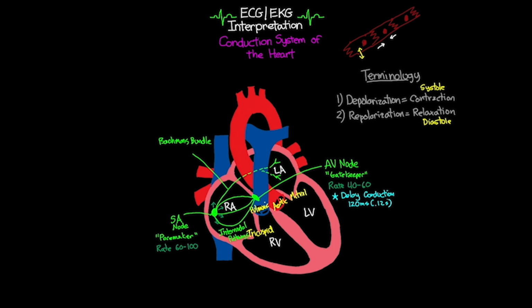The reason for that is, by having this delay, it allows for the full contraction of the atria, as well as the closure of the tricuspid and the mitral valve, before sending that signal along to the ventricles to contract.